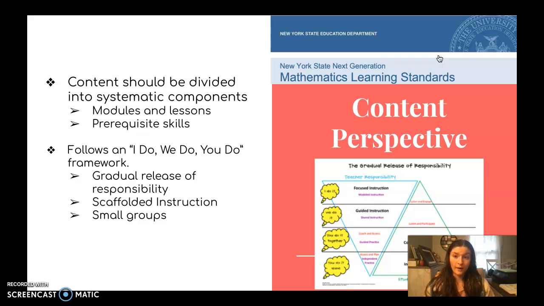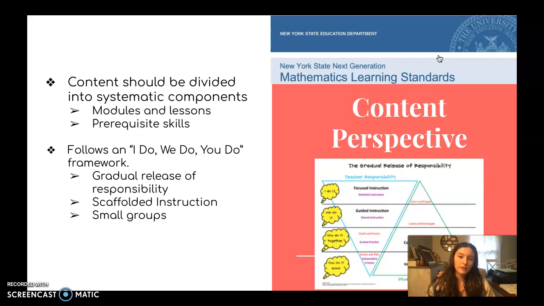And the way that they're organized in these modules and lessons is very specific. It has prerequisite skills, easier skills that will eventually end up becoming more advanced as the year progresses and students gain more skills. My class followed an I do, we do, you do framework.